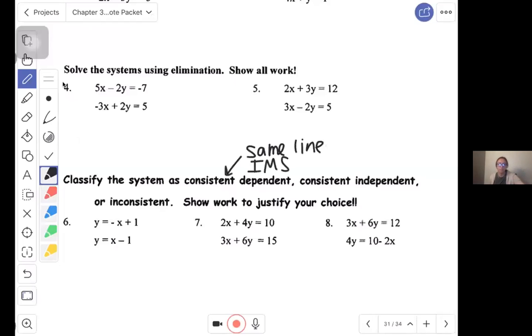What about if they are consistent and independent? What does that mean about these lines? Julia, could you tell me what consistent and independent means about these lines?